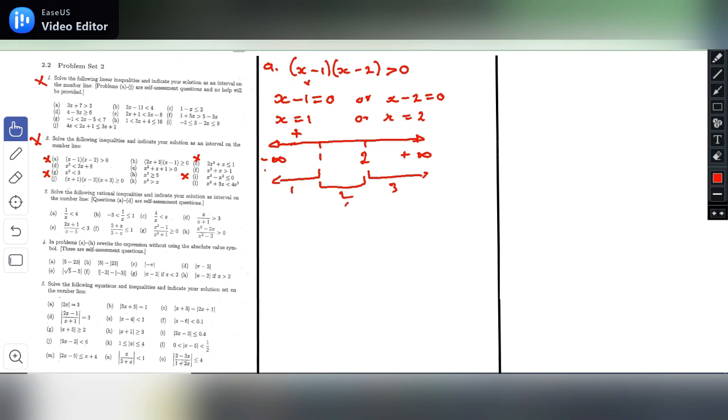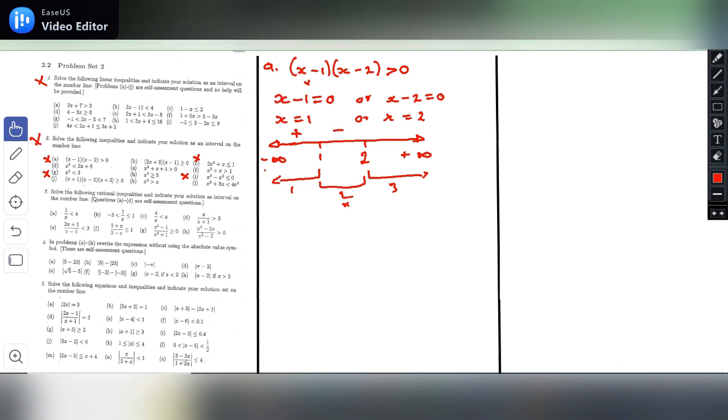Then now we go to the second one. From 1 to 2, we check the sign. We need to choose any value between 1 and 2. We can take 1.5. If we put 1.5 here, it's going to be 1.5 minus 1, and then 1.5 minus 2, which gives us -1 over 4. But like I said, we don't care about the number. The only thing that we care about is the sign.